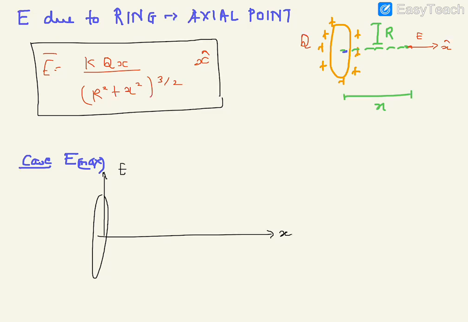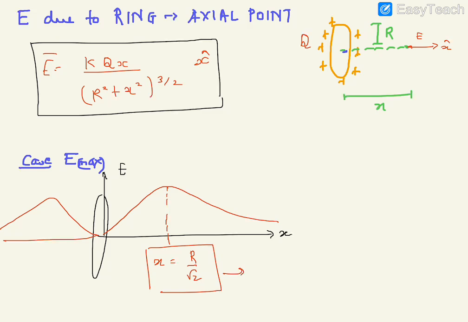Now my graph of E will be something like this, and it will reach a maximum at a certain point on X, and that point is R by root 2. It will happen similarly on the other side. I'm just considering the positive x-axis, at R by root 2 there will be E max.